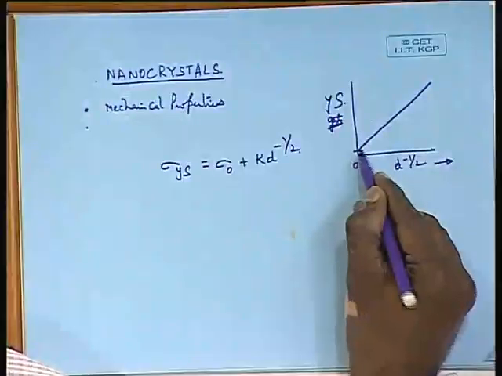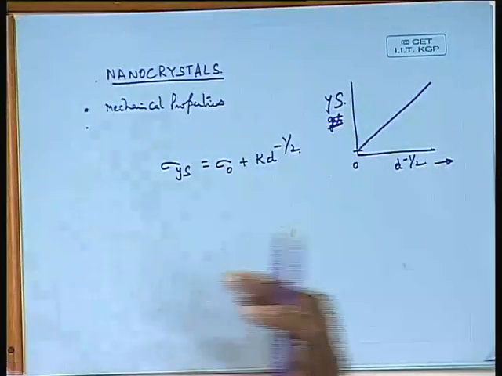In principle, the Hall-Petch relation says that the strength should decrease and come to a very low value when the grain size is very large and it becomes a single crystal. But at the same time, the number of dislocations being so small, the Hall-Petch relation itself cannot really work, because it is based on dislocations being pinned down by the grain boundary.